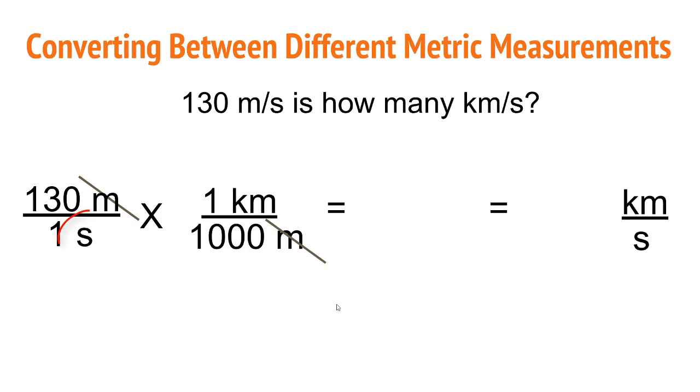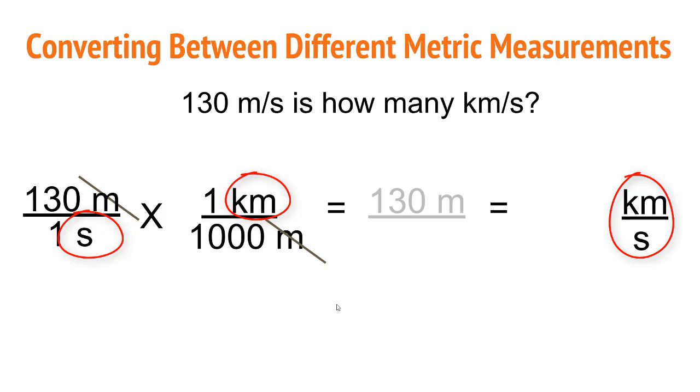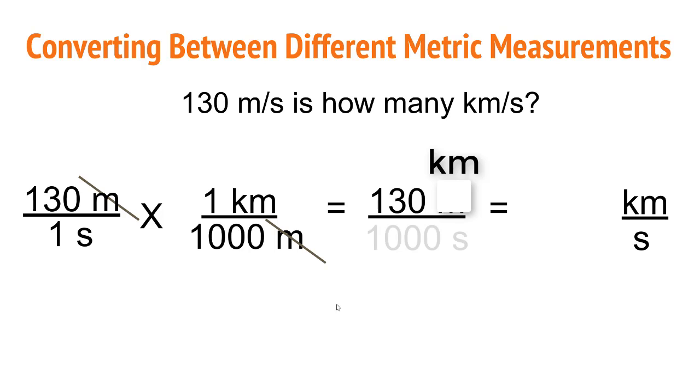You'll notice that I'm left with just the two units that I'm looking for, kilometers and seconds. So 130 times 1 is 130 kilometers, and 1 times 1,000 is 1,000 seconds. Now you need to convert these to unit rates. So you go 130 divided by 1,000 because we want it per 1 second. And so our answer is 0.13 kilometers per second.